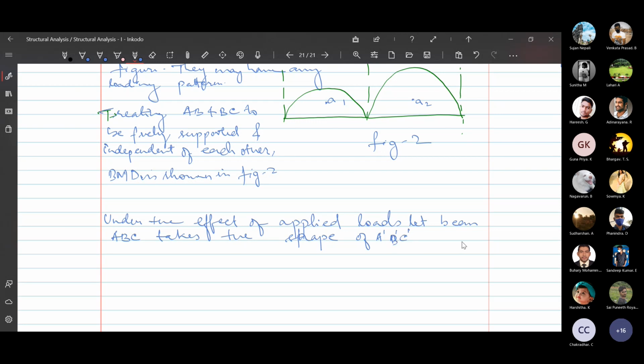We are assuming this shape to be A dash, B dash, C dash.